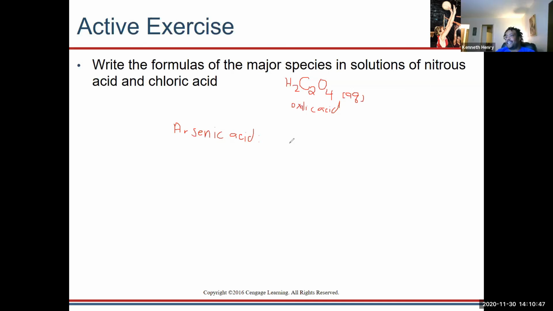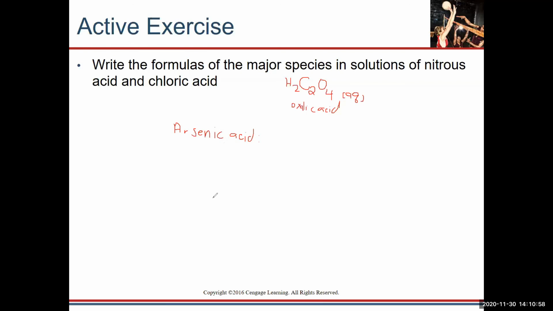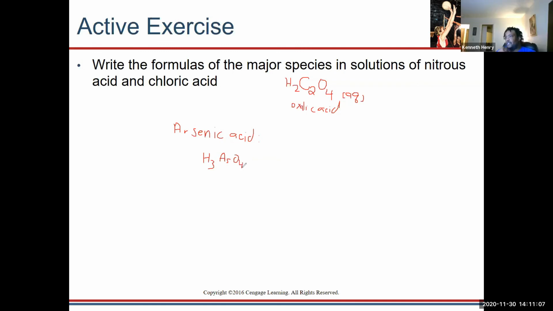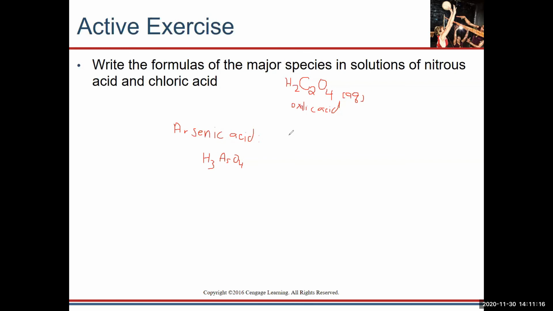Okay. Arsenic acid. What does arsenic acid look like? H3AsO4. Okay. So, what are going to be the major species? I feel like it would be the ions. Okay.